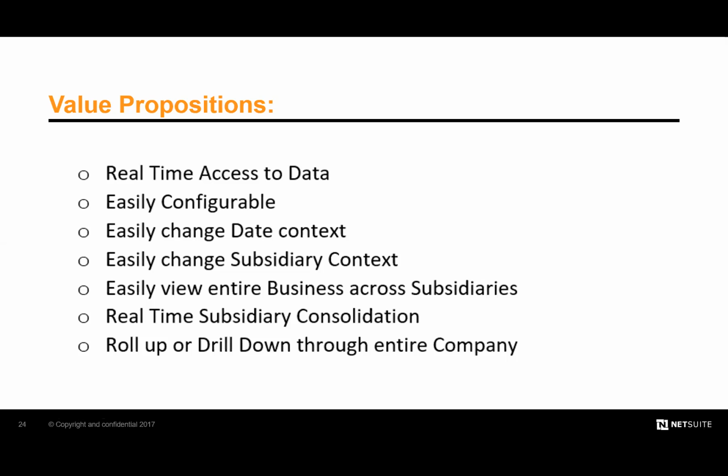So in just one screen, you can see the entire business per subsidiary. And there's real-time access to the subsidiary consolidation. No need to call your subsidiary A or B to get the report and do the consolidation yourself. It's all there in the system.